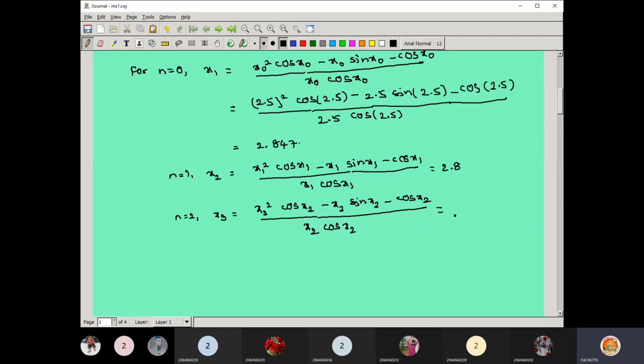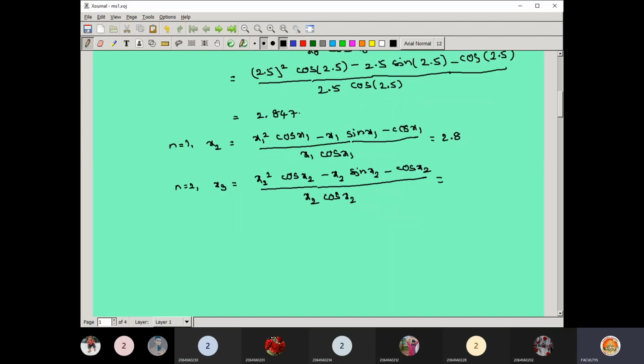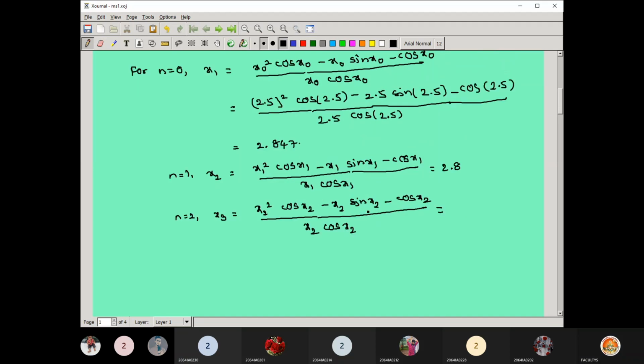Substitute your x2 value 2.8 there. Make it fast. How much are you getting? Just give us the answer. If it is nearly 2.8, then you can stop the process.